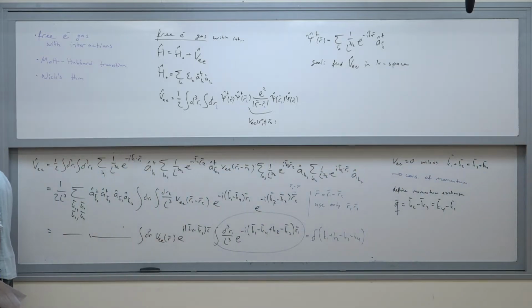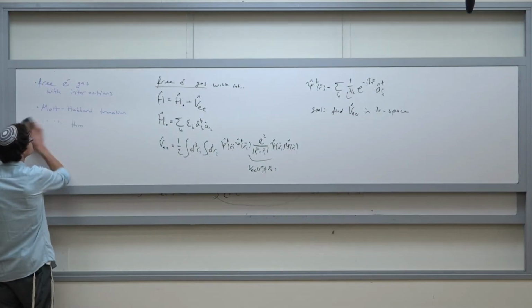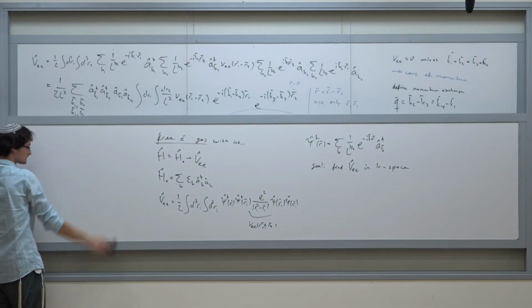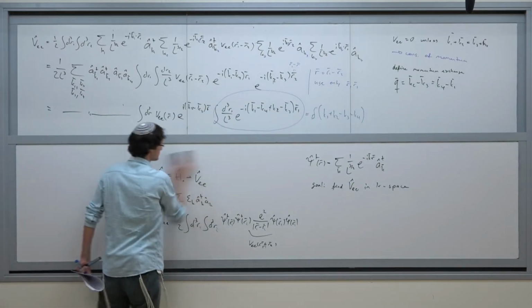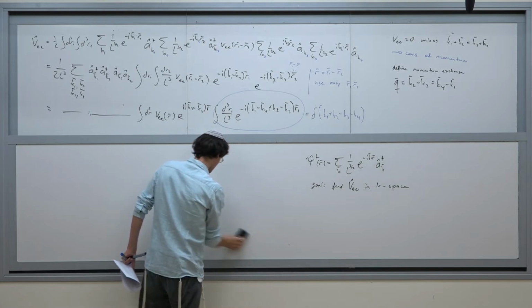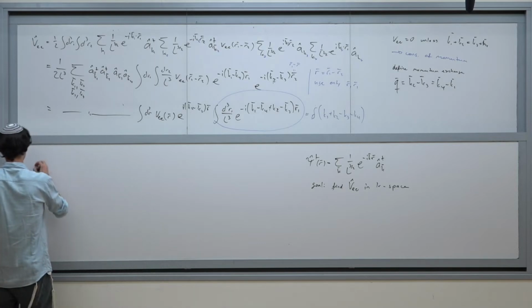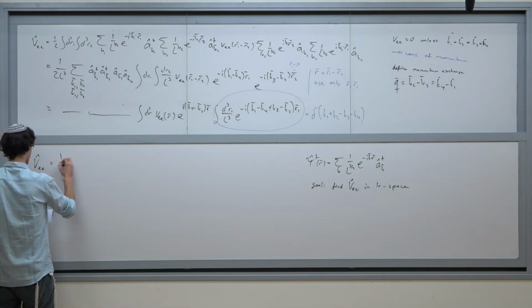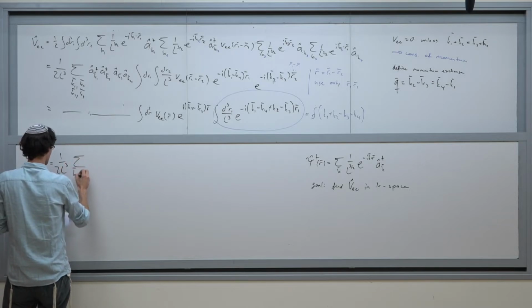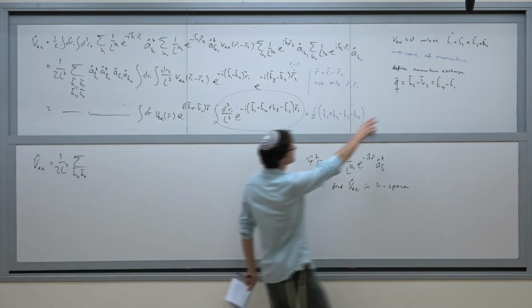So now I can rewrite this potential. So let's do that. So in the sum that remains, I'm going to express everything in terms of k3 and k4 and replace k1 and k2 with this.